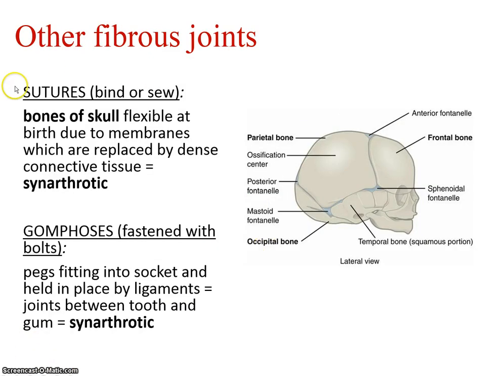All right, so the sutures and gomphoses, just to look at them a little again, flexible at birth due to membranes. So at birth, and we should look at this skull in lab because we are going to use this on the practical, your fetal skull has these fontanelles instead of sutures. So the plates that are going to become the skull bones have not grown together and fused.